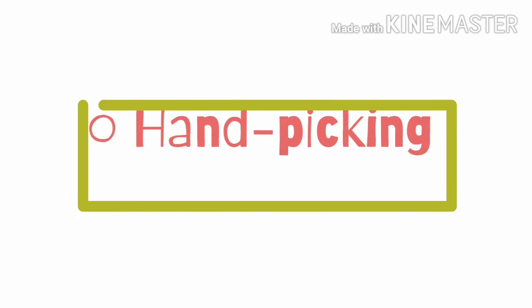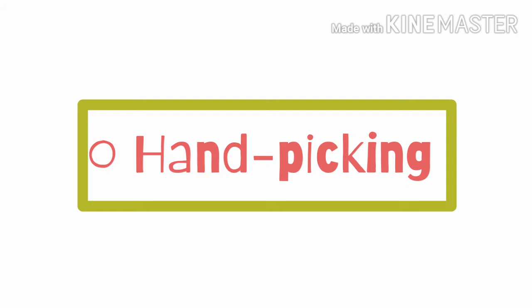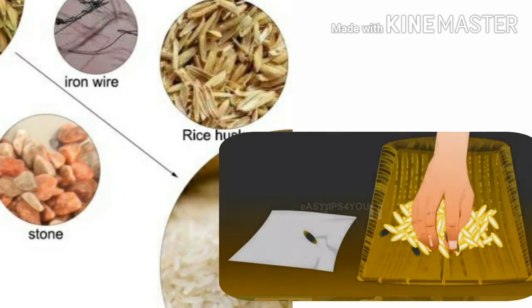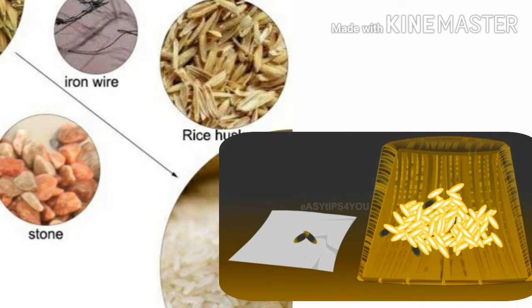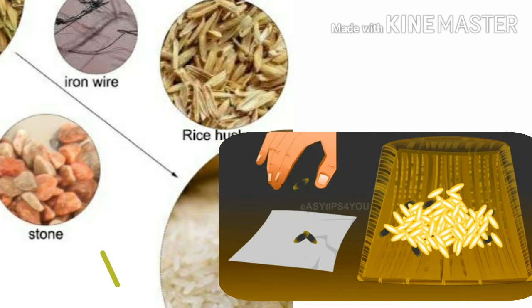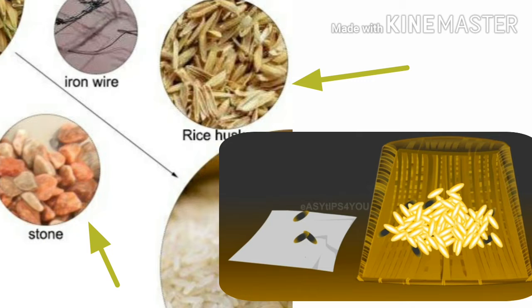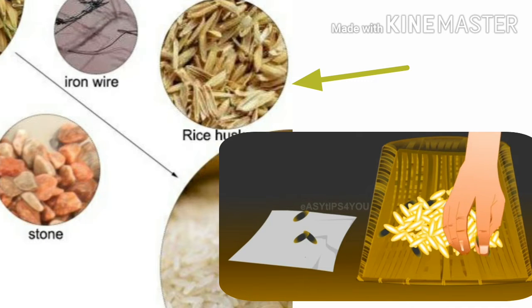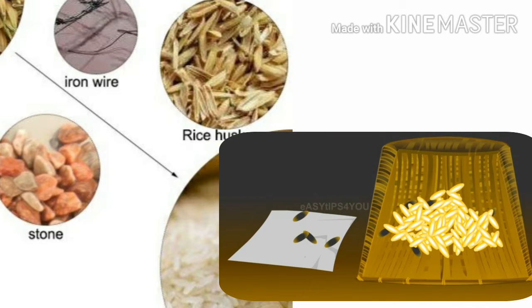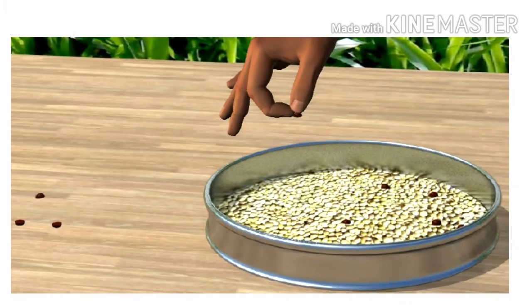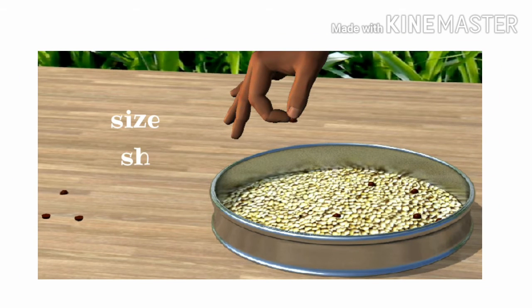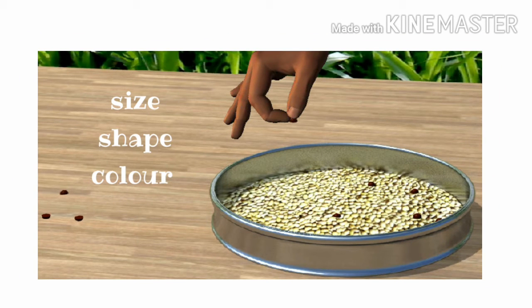So first, let's start with the handpicking method. This method involves removing unwanted components like pebbles, straws, etc. using hand, and it is used when the components of the mixture differ in size, shape and color, and also when the undesirable components are present in small quantities.